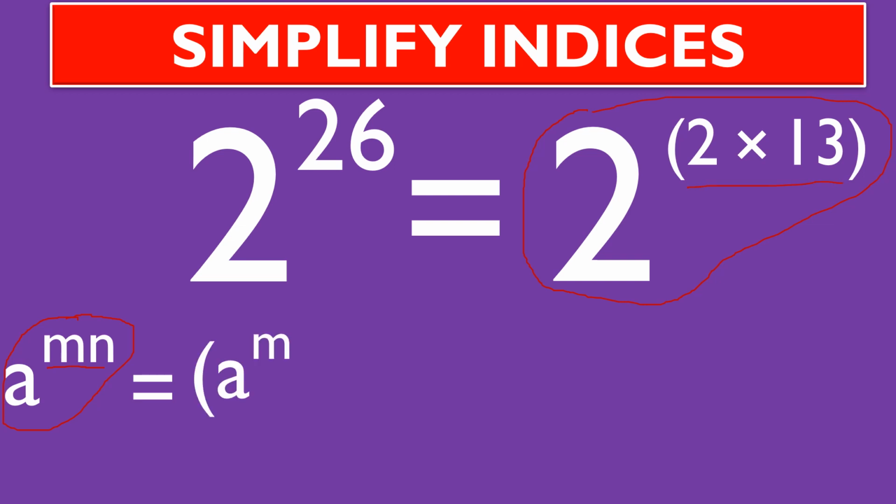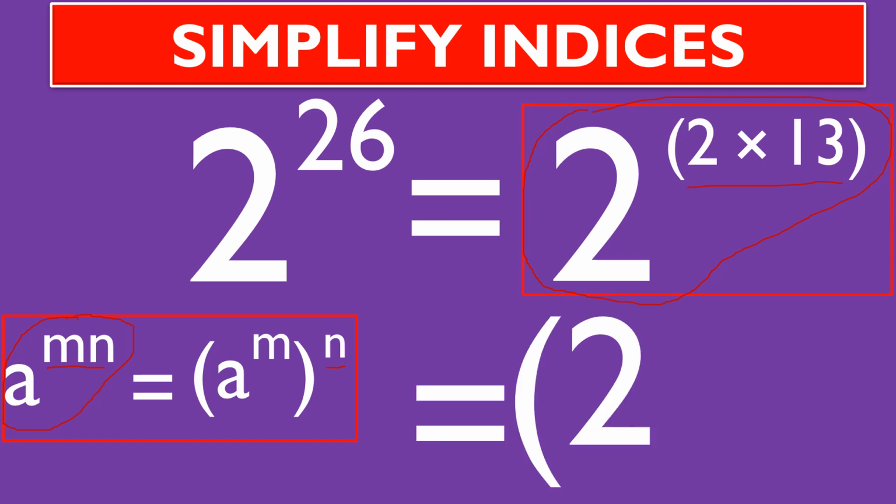What does it become? It equals a raised to the power of m, and then you close the brackets, and then you take it to the exponent of n. So that means our expression above can also be rewritten as 2 raised to the power of 2 and then raised to the power of 13.